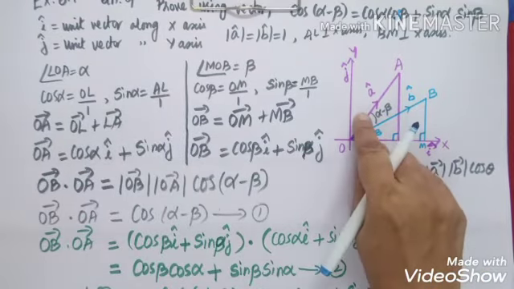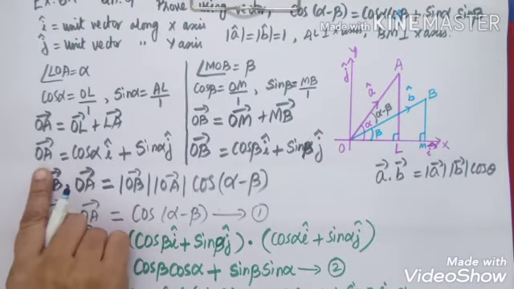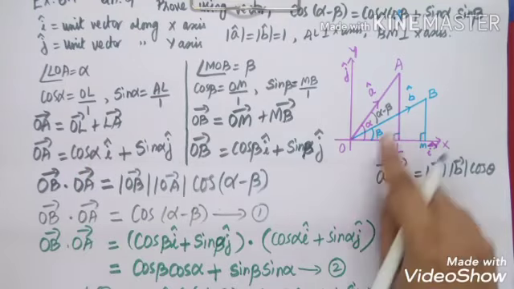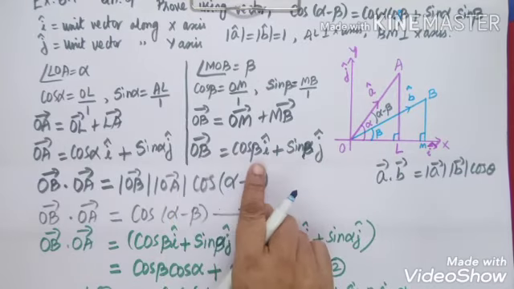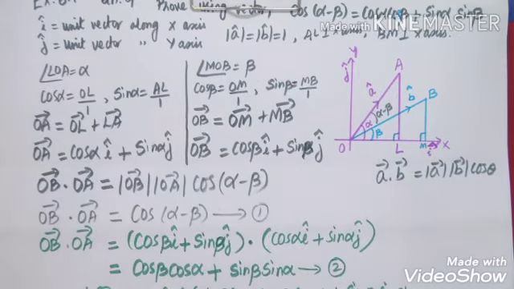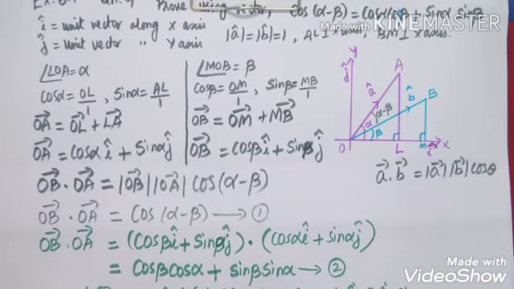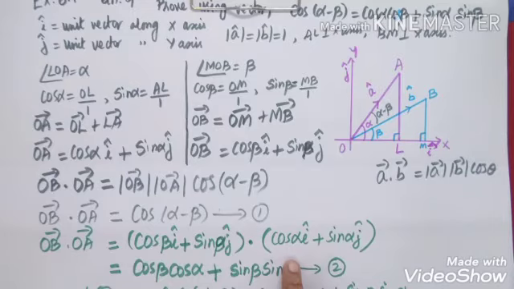Whenever it makes an angle alpha, I should be able to say immediately OA is cos alpha i plus sin alpha j, and B making beta implies OB is cos beta i plus sin beta j. If cos is the question, take dot product. If sin is the question, take cross product. Then compare the definition with the method, and I get the required result.